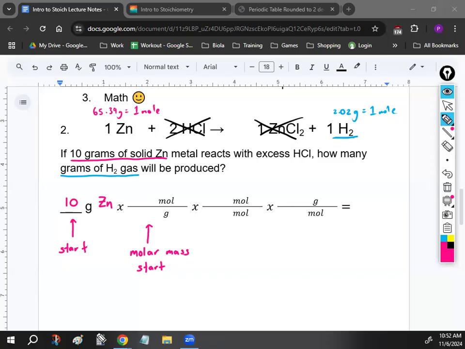What is our starting chemical? Zinc. Great. So we're going to label this whole thing as zinc. Good. And I'll color code it just to help you see it. This fraction is all going to be about zinc. And you can see a lot of H2 is being made. So the reaction is kind of going right.